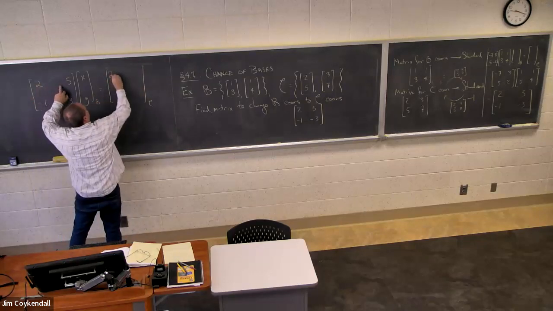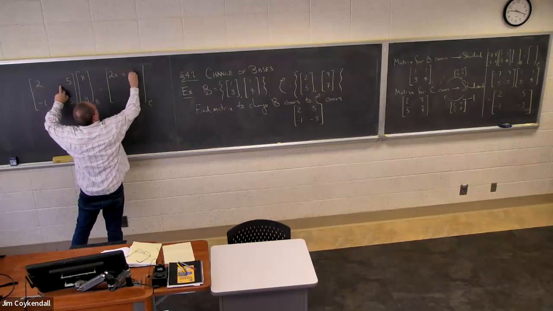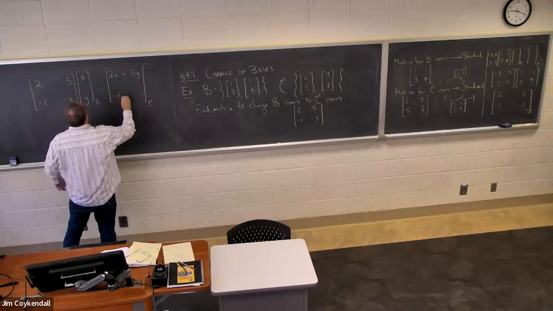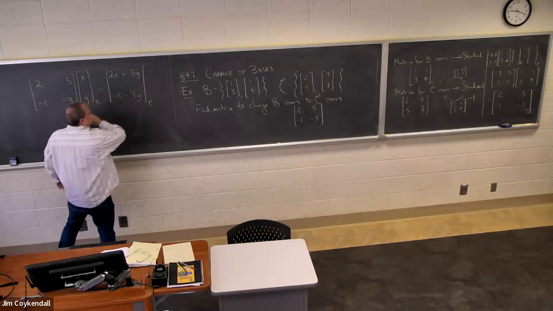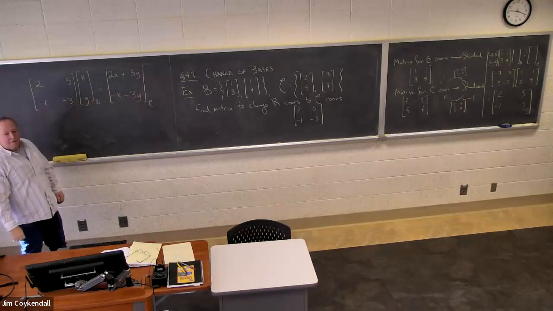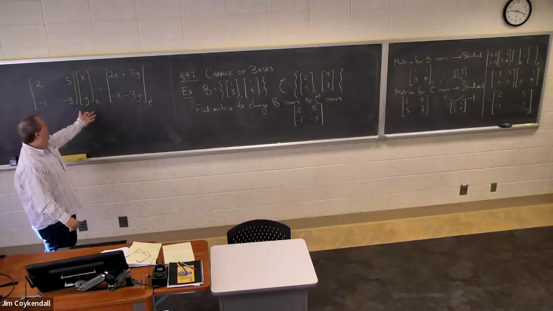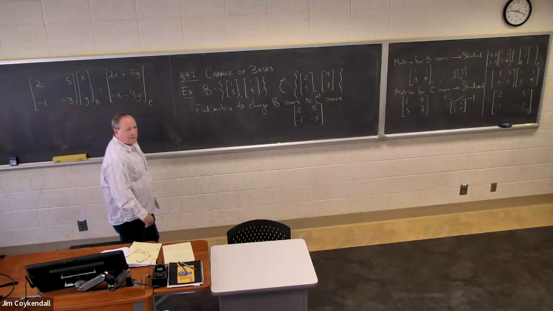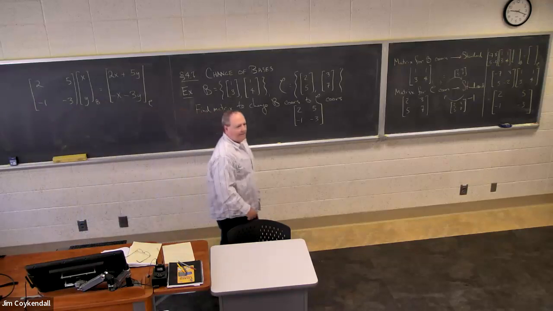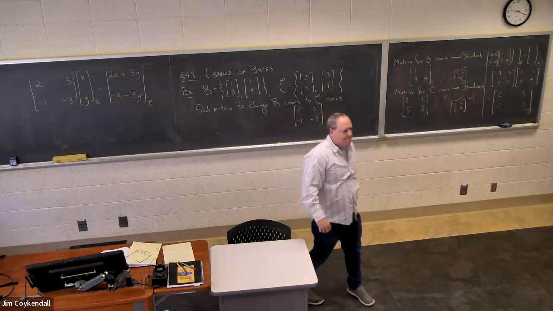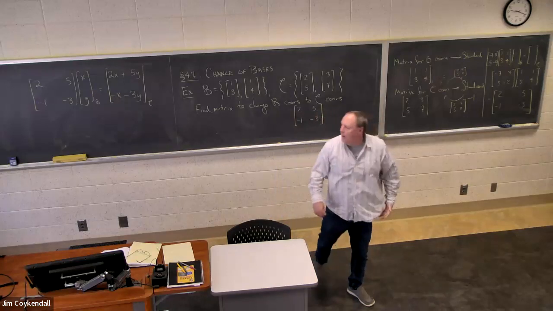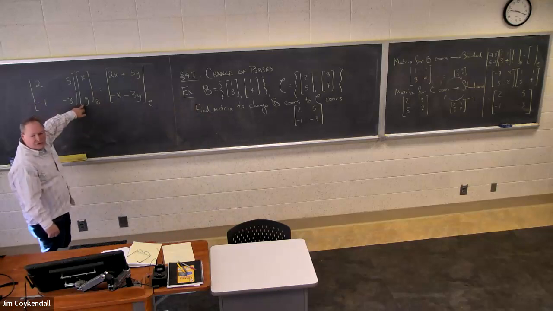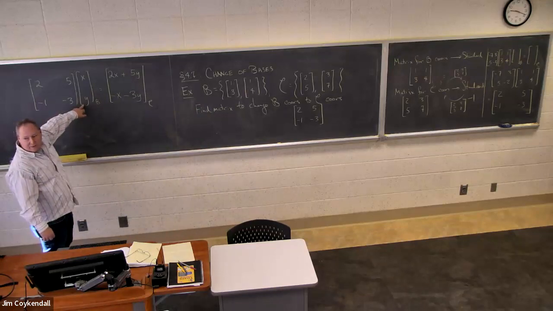It goes 2X plus 5Y, and it goes minus X minus 3Y. Everybody okay with it? How do I check if this is actually working for me? Let's just check the coordinates. Let's see if they match in standard. And if they match in standard, I'm good.